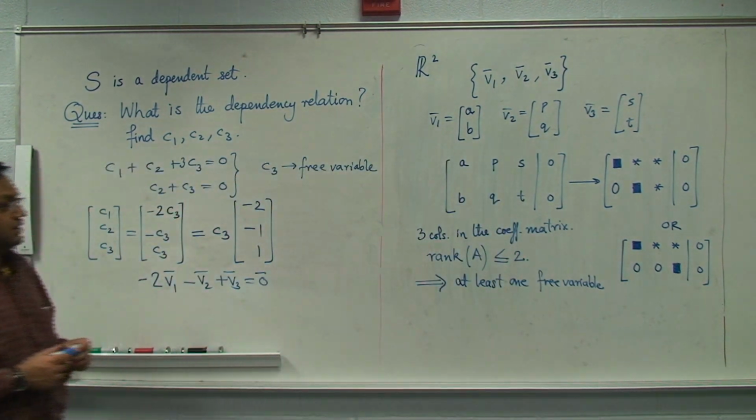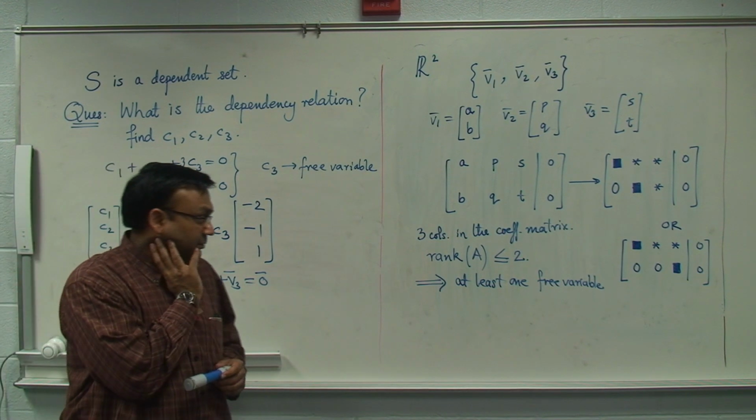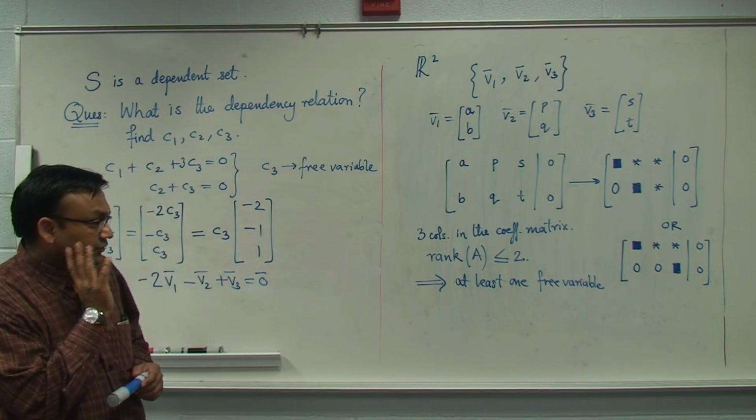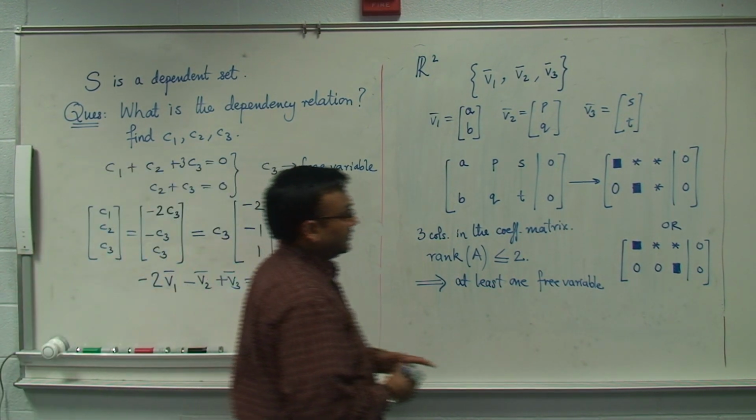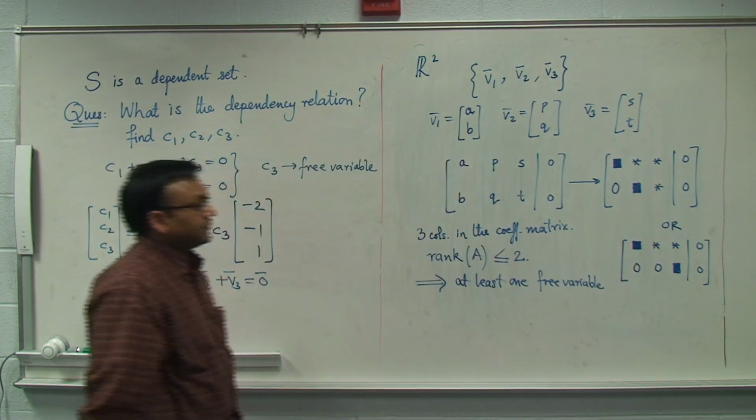So either way, we are guaranteed that there can be no more than two pivots. Either I have one pivot or at most two pivots. So no matter what we do, there's always a free variable. Out here, this is the free column. Out here, the middle column is the free column.